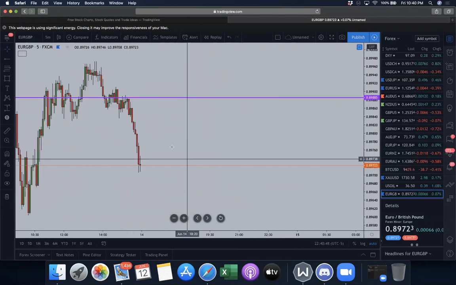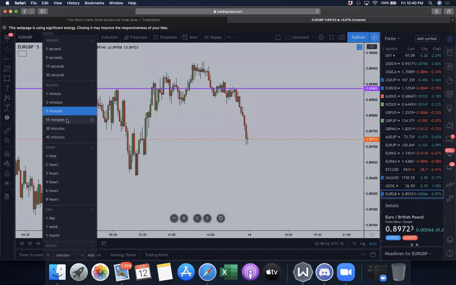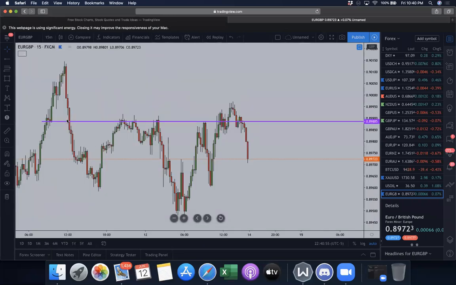So we would have been looking for something in here. Don't really see anything there. Yeah, so I don't really see anything too clean.